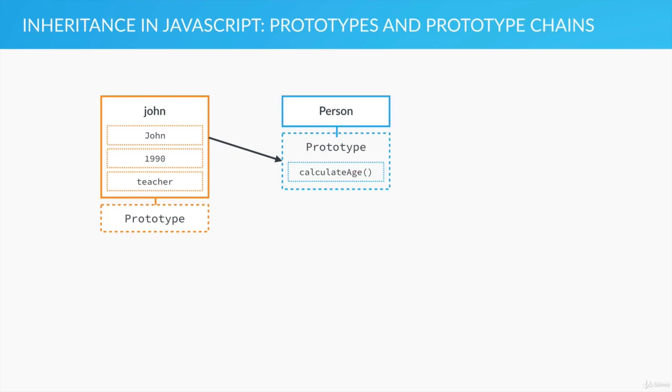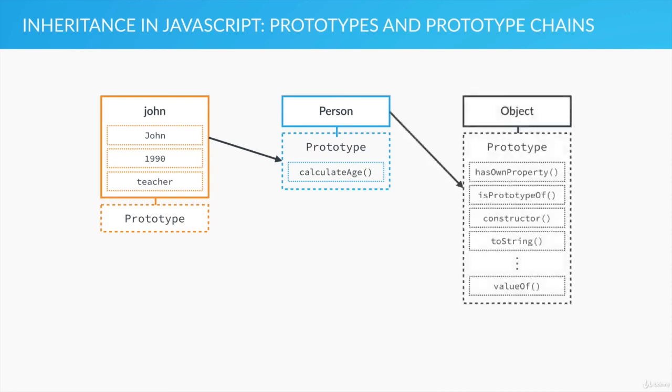And that's not even all, because the person object itself is an instance of an even bigger constructor, which is the object object. Yeah, that sounds a bit crazy, but this is actually how it works. Each and every object that we ever create is an instance of the object constructor, which has a bunch of methods in its prototype property.